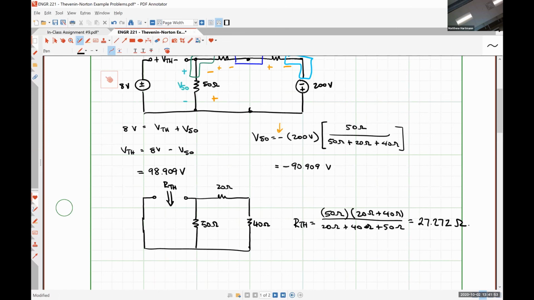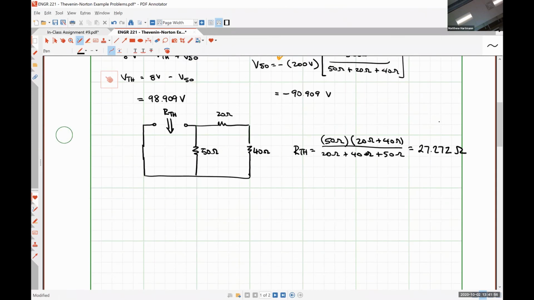And so what this enables us to do effectively is we have done sufficient analysis that from the perspective of the 10 ohm resistor, what it sees, so here's our 10 ohm resistor out here, is this practical voltage source, which has the Thevenin voltage in series with the Thevenin resistance.